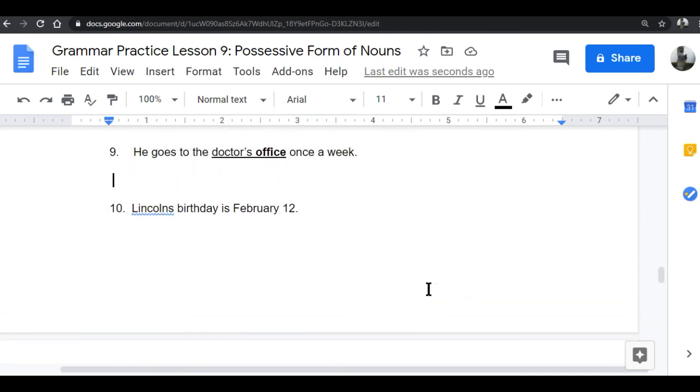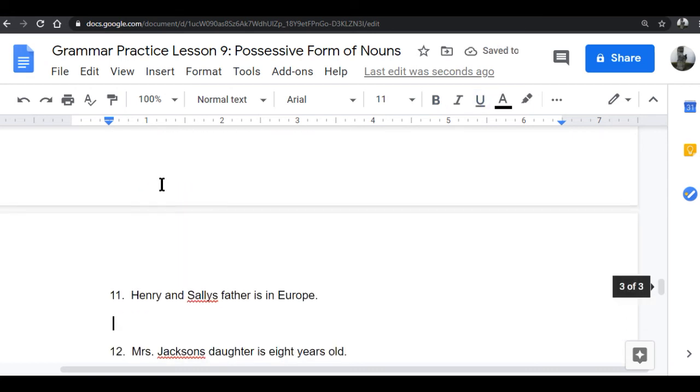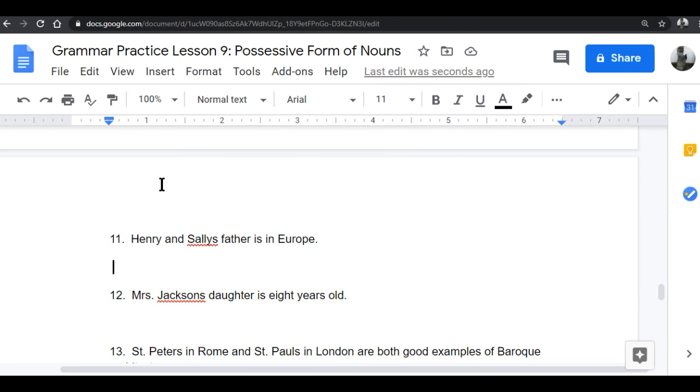And 10. Lincoln's birthday is February 12th. So, I'm sorry, when does he blow his candles? February 12th. So we are talking about his birthday. Okay, Lincoln's birthday. Thank you so much, my precious assistant. Lincoln's birthday is February 12th. Now, 11. Henry and Sally's father is in Europe.